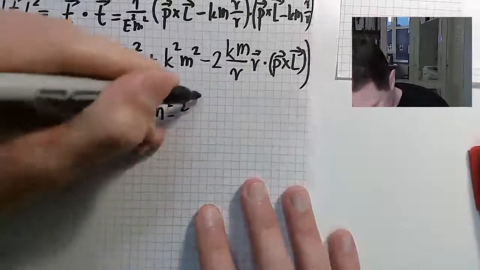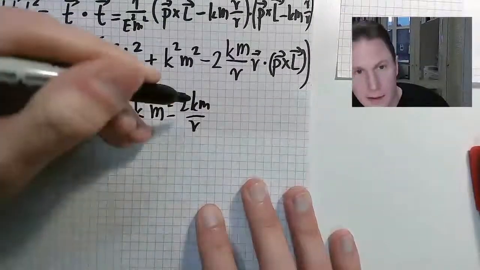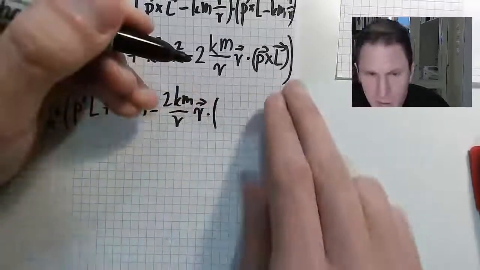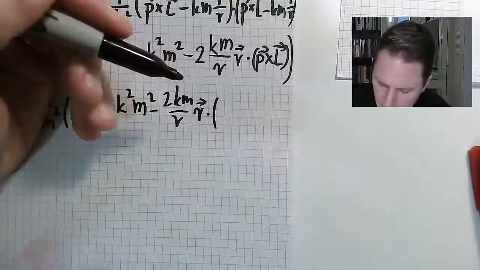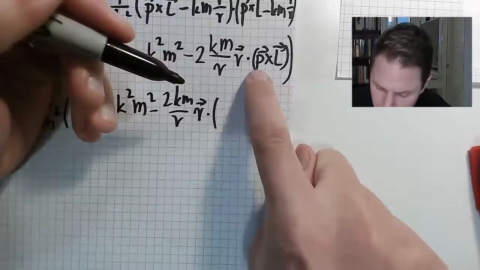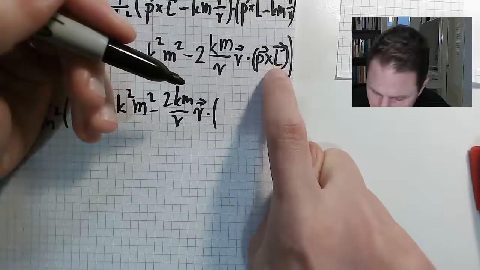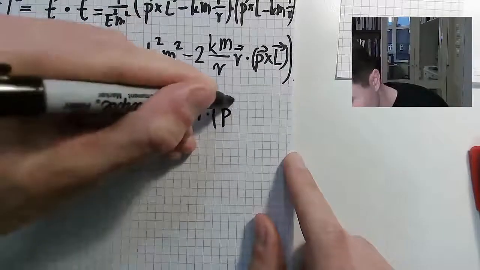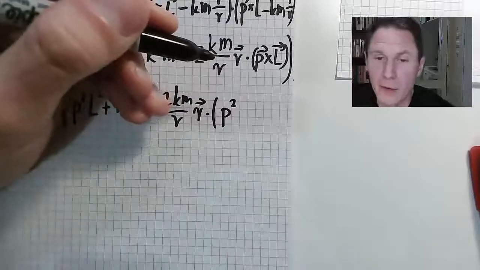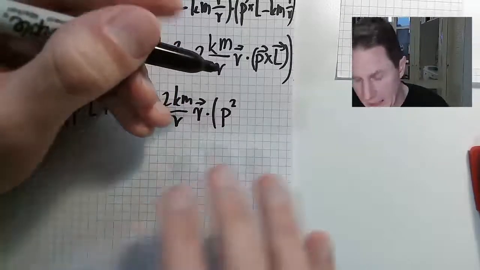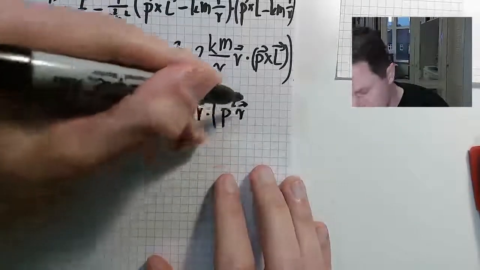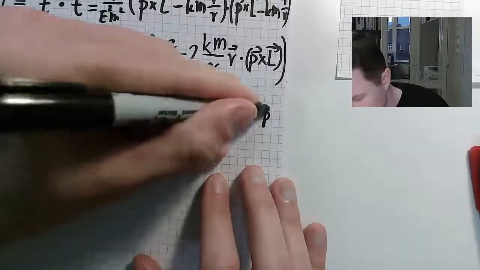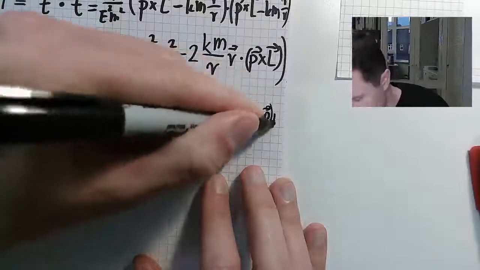Well, the first few terms don't change, and then we have minus 2 km over r times r dot, and now p cross l is again, remember, a triple vector product, because we have p cross l cross r cross p, basically. And this can be rewritten using the triple vector product formula that we have seen before, as p squared times the vector r minus r dot p times the vector p.